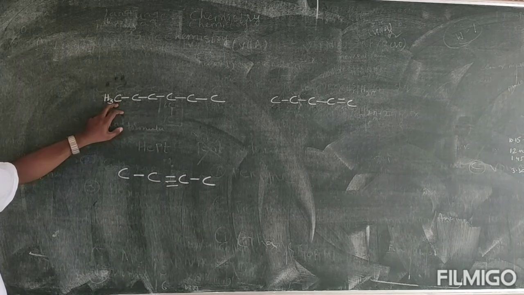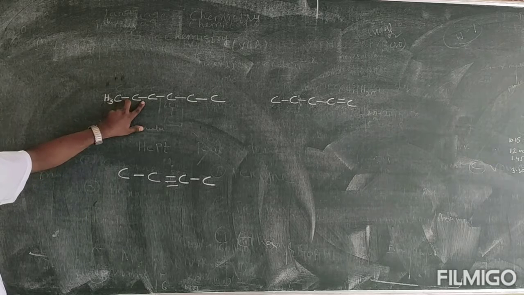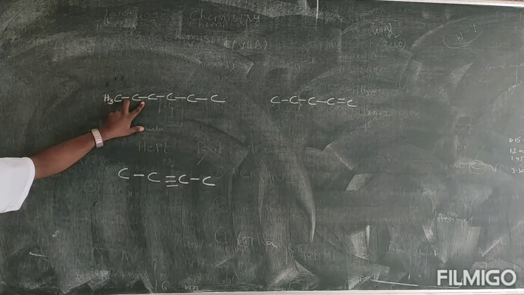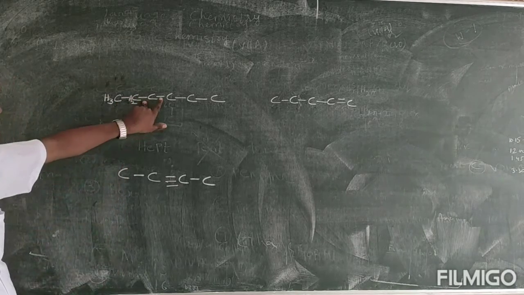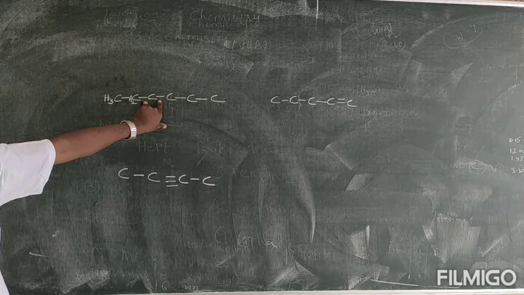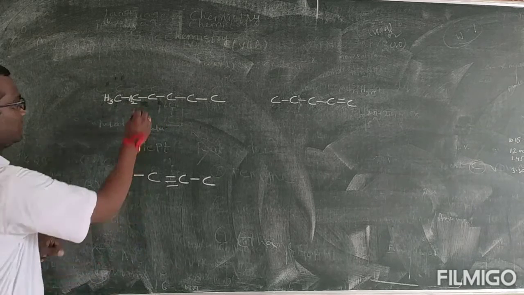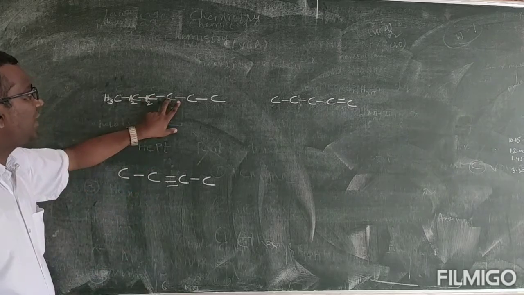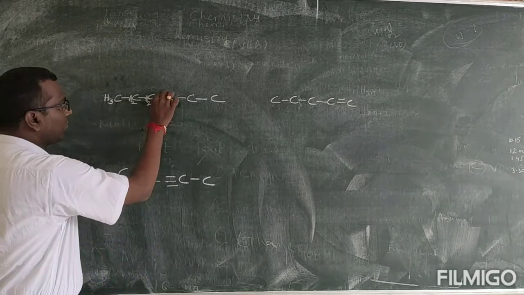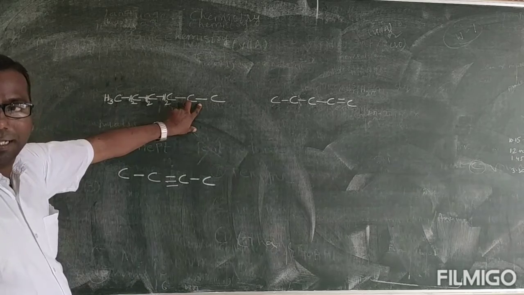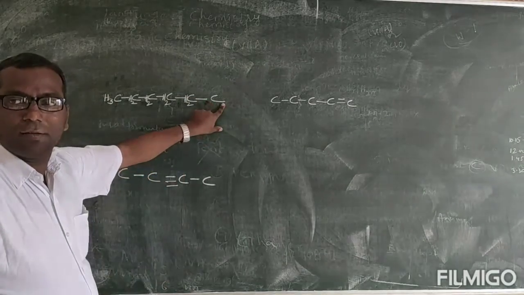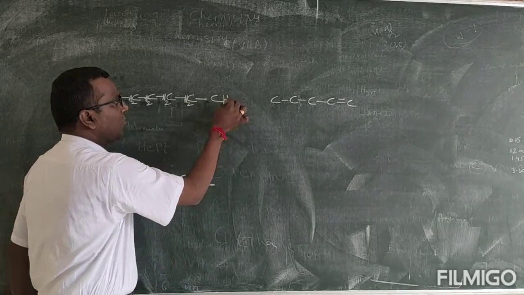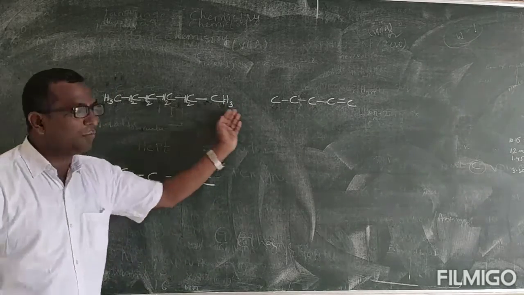The remaining are 3 hydrogens. Here 2 bonds are completed, so how many hydrogens will be there? 2. Here 2. Here 2. Here 2. Here 3.